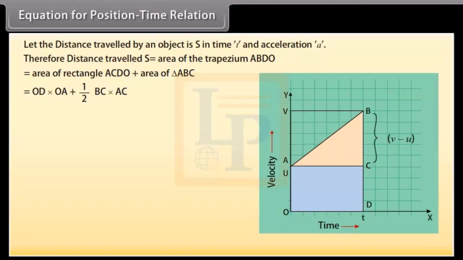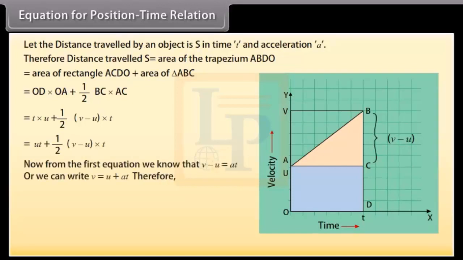Now putting in the values, we get t into u plus 1 upon 2 into (v minus u) into t. On solving further, we get ut plus 1 upon 2 into (v minus u) into t.